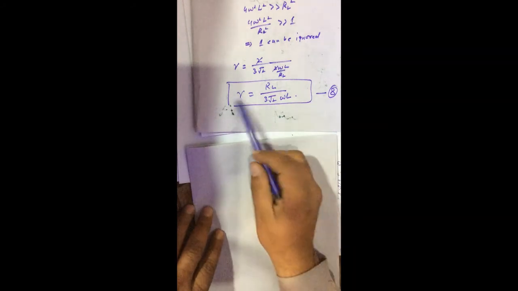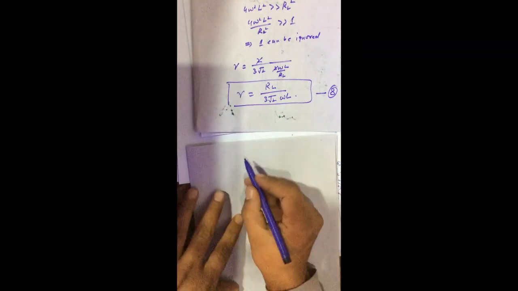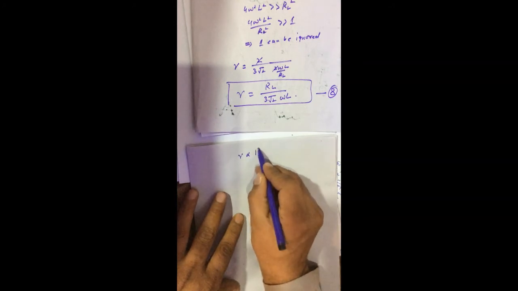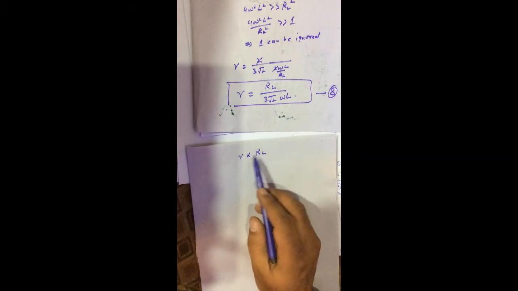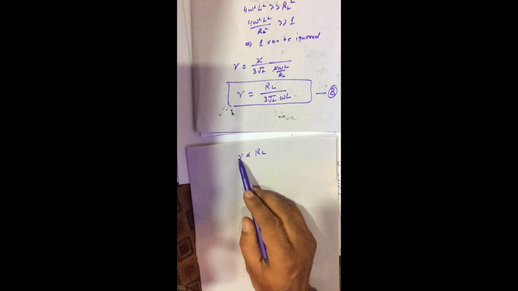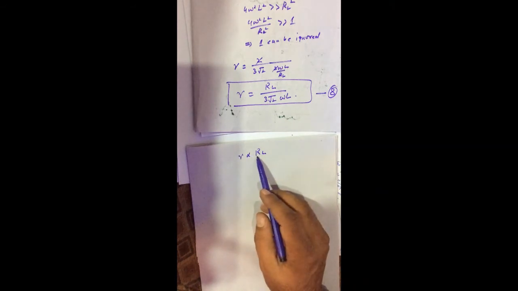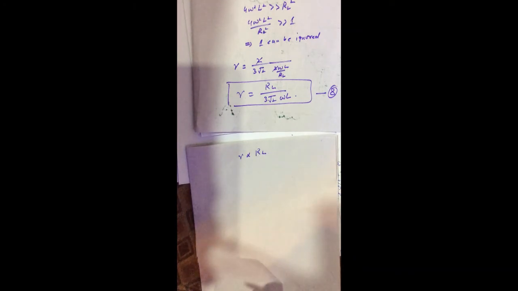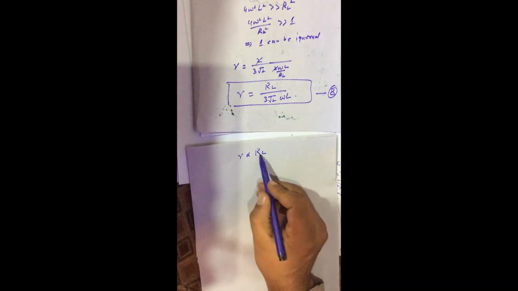Now the ripple factor gamma is directly proportional to the load resistance. This implies that if we want a small value of gamma, we will use a small value of load resistance, which means a high value of load current. So this shows that the series inductor filter is suitable only for small RL or high load current, because the ripple factor is proportional to RL.